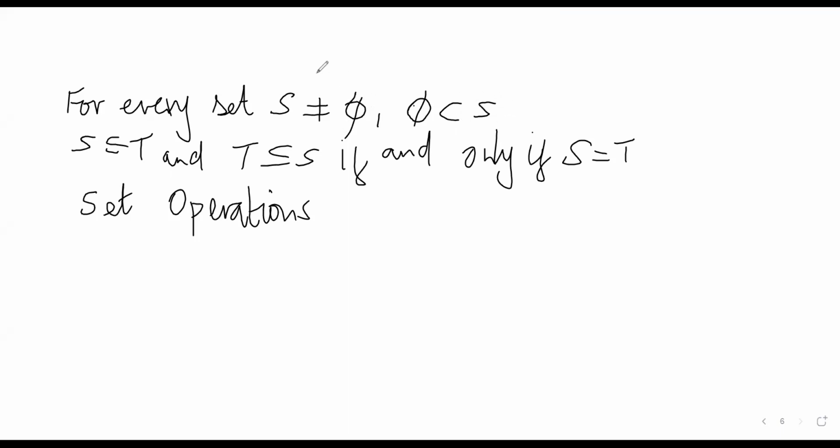Because the empty set is not contained in S, it satisfies the condition that it is a subset of S, but it is not contained in S. By definition it is a subset of S, but because it is not contained in S, therefore it is a strict subset of S, as opposed to a subset.